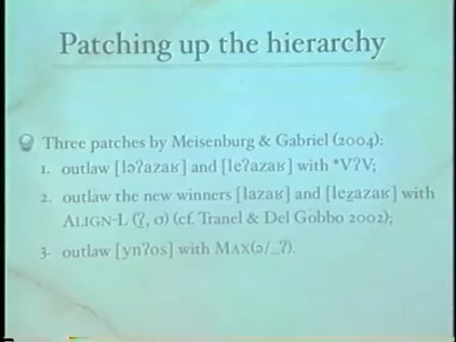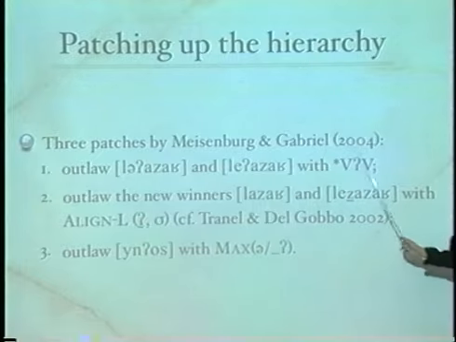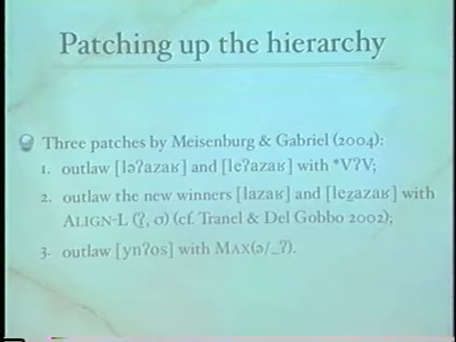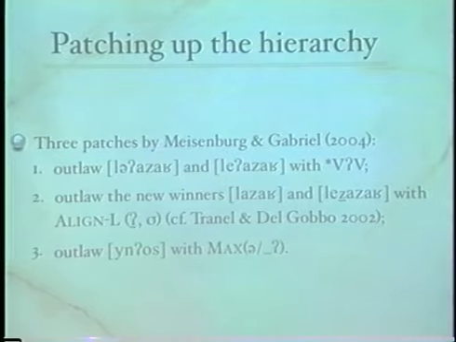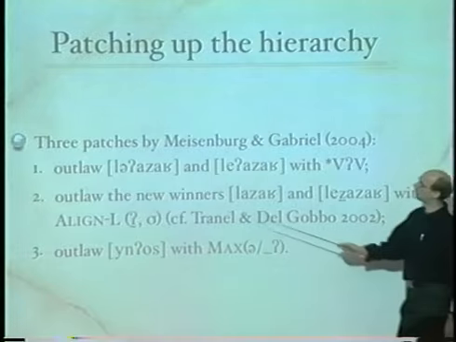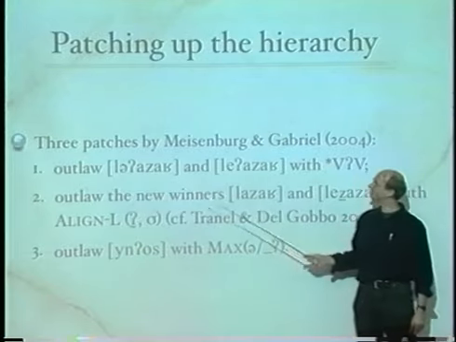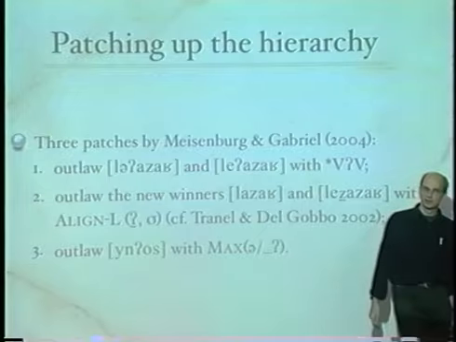How can we patch up the hierarchy in such a way that it works for French? For instance, Meisenburg and Gabriel propose the following three constraints. They say, well, we have a constraint that doesn't want to pronounce a glottal stop in between two vowels. Well, that would indeed outlaw the winners le hasard and les hasards.